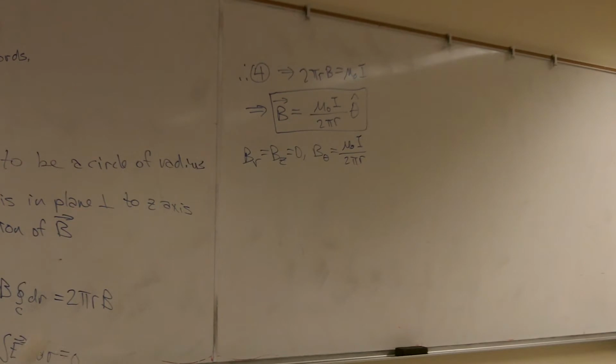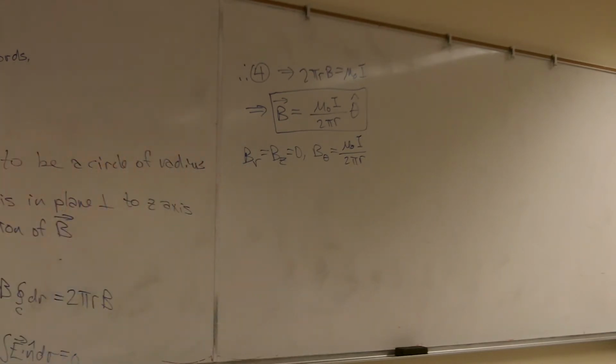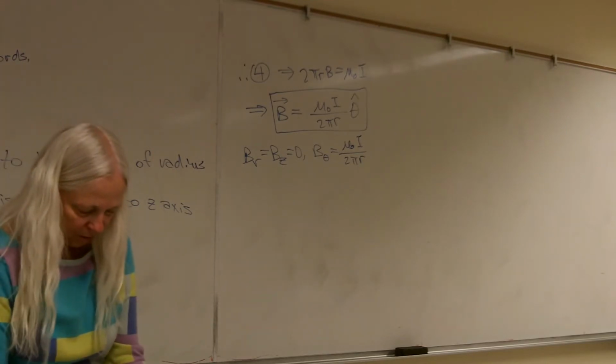It is possible to show that B sub r and B sub z are 0 by picking an Amperian loop of a different shape than the one we did. It's a little bit tedious, not quite as easy as what we did here, so it's easier to just say we already know this is true. But it actually can be proved.